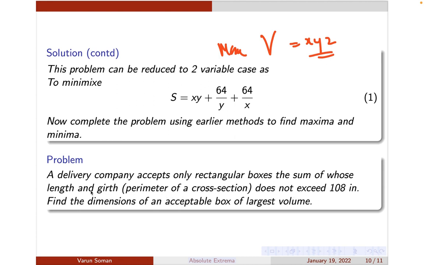Here actually you are being given the length. Suppose your length is x, breadth is y, and height is z. So this will become the sum of length and girth.